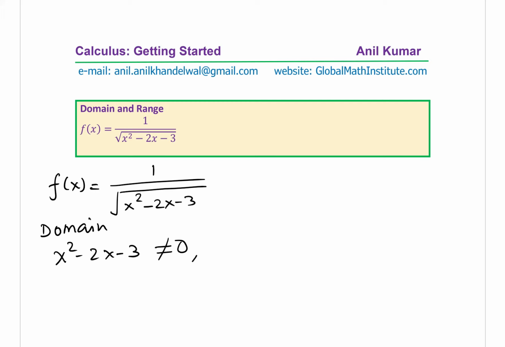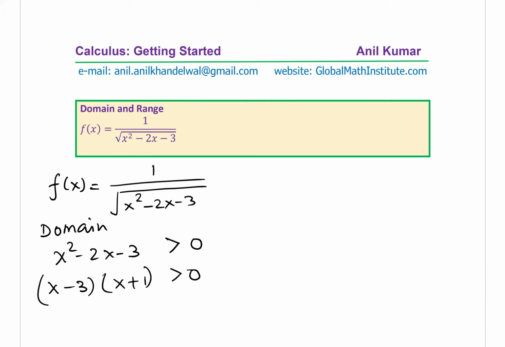So we could write it in one term, and that is that this function should be greater than 0, because it cannot be 0 and it cannot be negative, right? Let's factor this. So 3 minus 1 can work for us. So x minus 3 times x plus 1, that should be greater than 0.